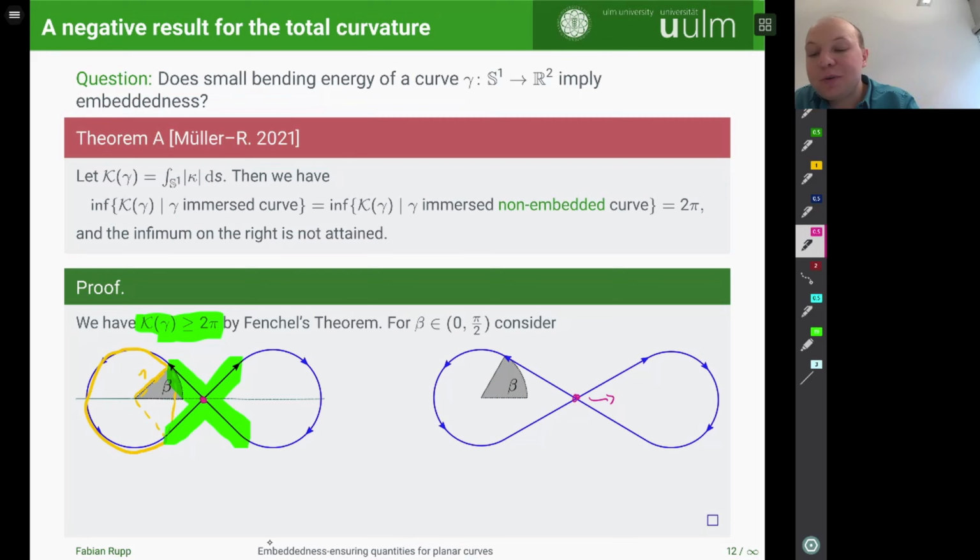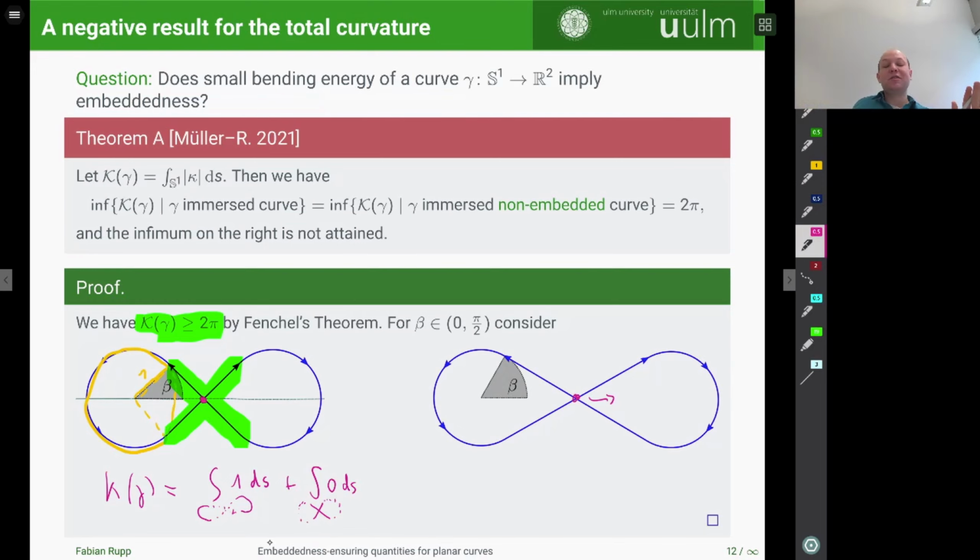So what we want to compute now is the total curvature K of gamma of this curve here. And we can split that up into two integrals. The first one, where we take the two circular regions and integrate the absolute value of the curvature, which is just 1 if we take a circle of radius 1. And then we add the X-shaped part in the middle, where the curvature is 0, so it does not play a role in the integral.